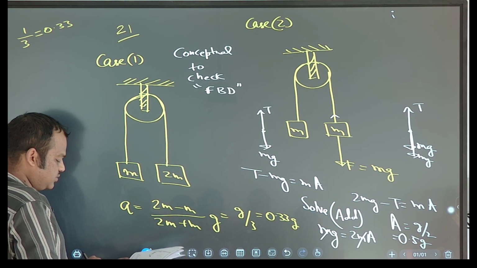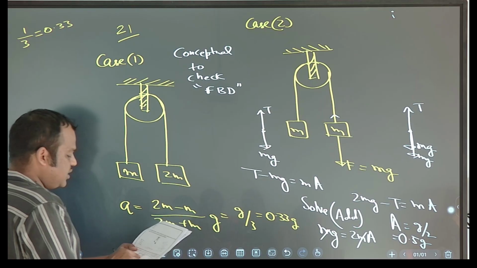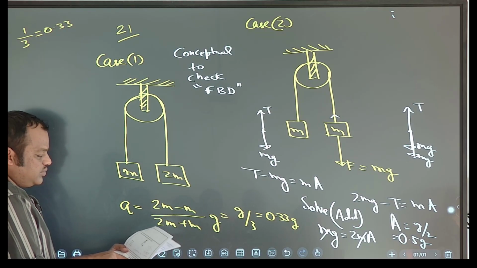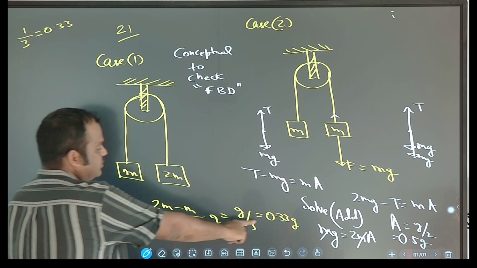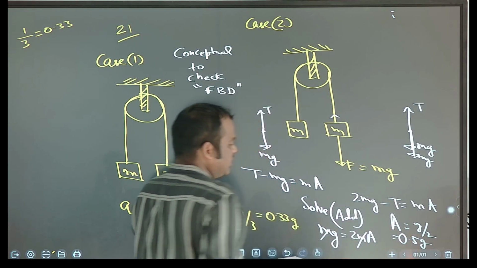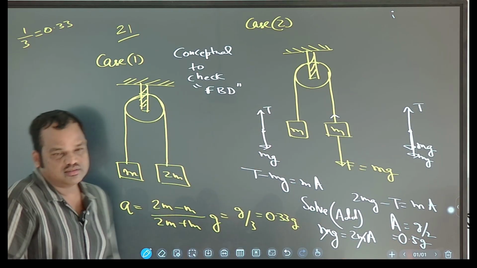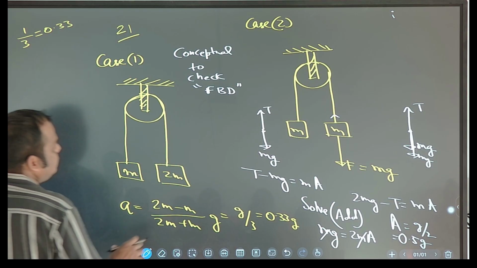So third option, right, correct, good. Third option, acceleration of mass m in case A is less than case B. Case B is 0.5 g, right? Okay, clear?